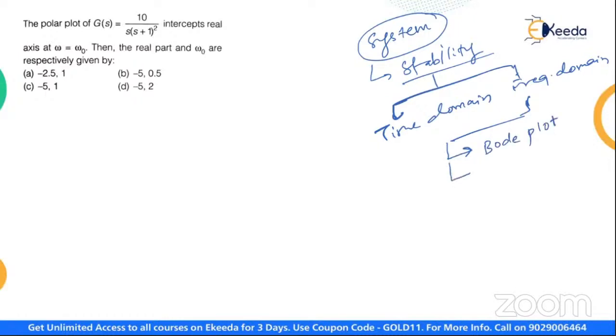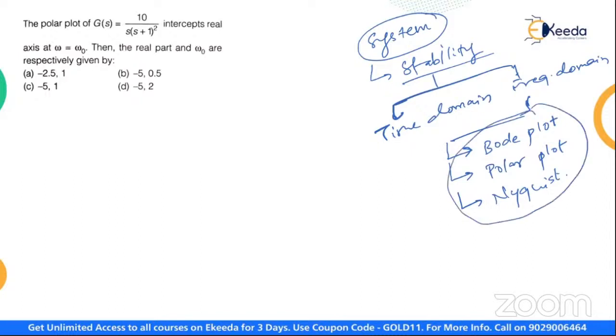Then we need to find the polar plot and the Nyquist plot. Getting my point? Now, all of them give you relative stability. All of these plots will give you gain margin and phase margin. And we know that if both of them are positive, then we say that the system is stable. Correct?